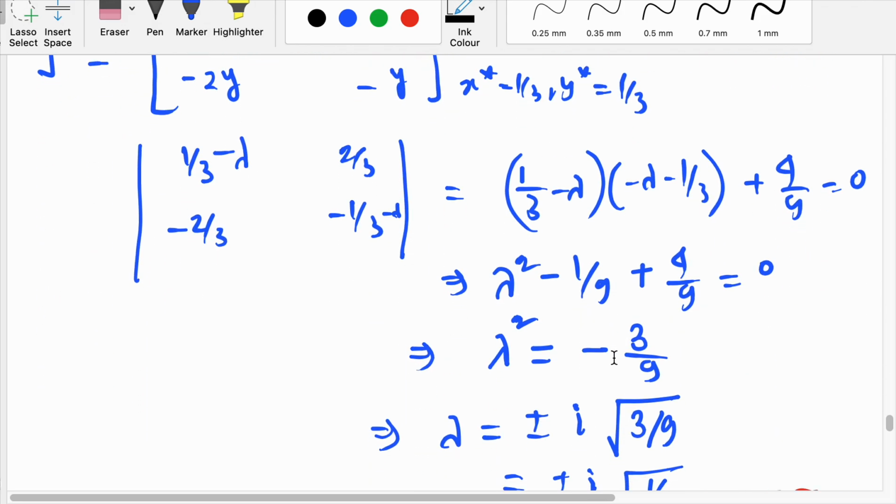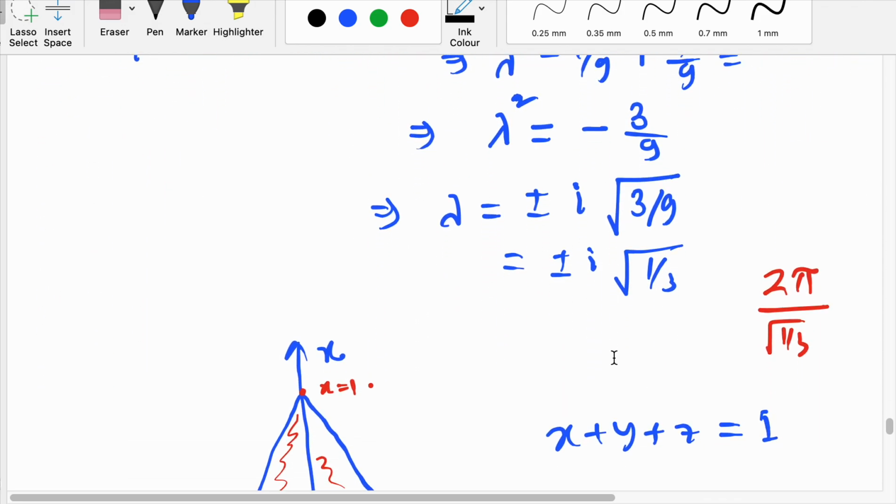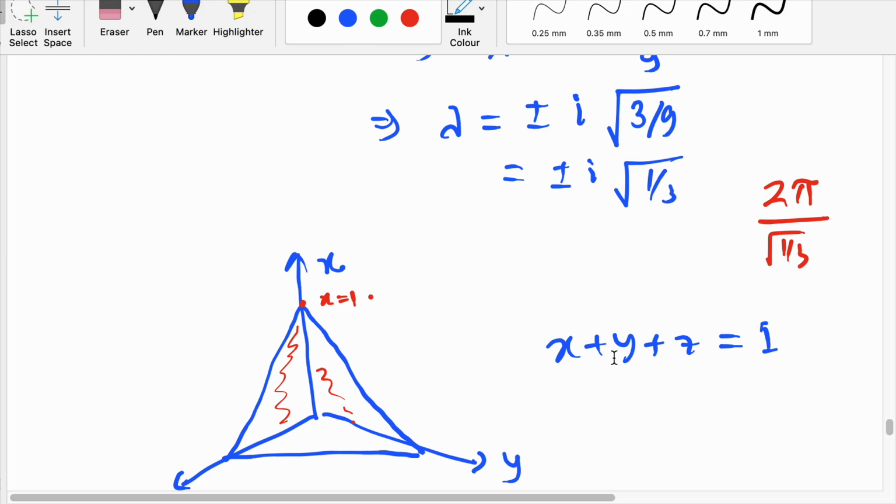And you will find that the internal equilibrium is actually neutrally stable. That means there will be a periodic orbit around this internal fixed point.